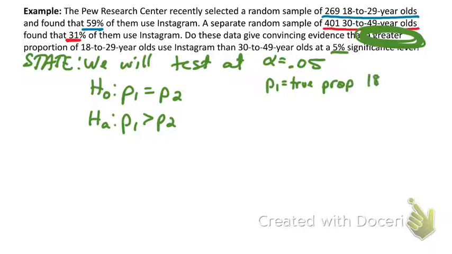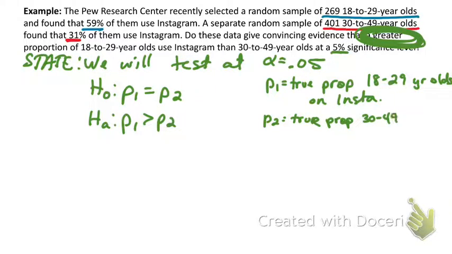Yeah, true proportion of 18 to 29-year-olds on Instagram. And P2 would be the true proportion of 30 to 49-year-olds on Instagram.